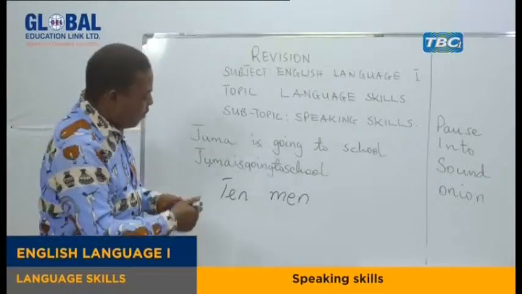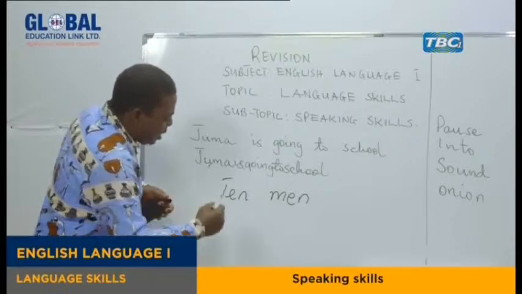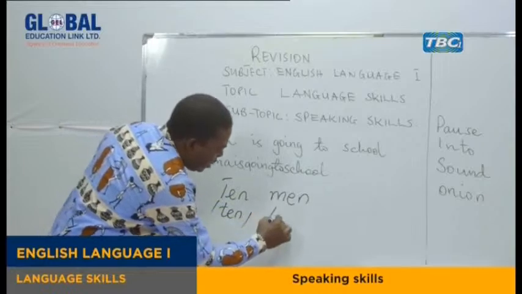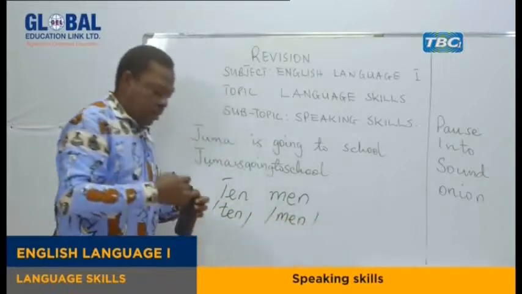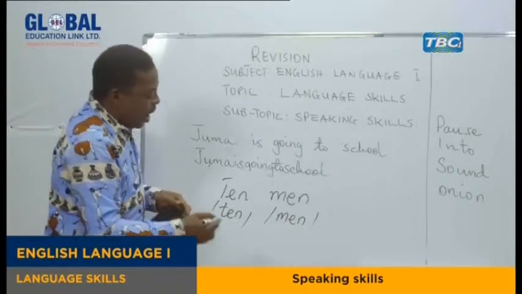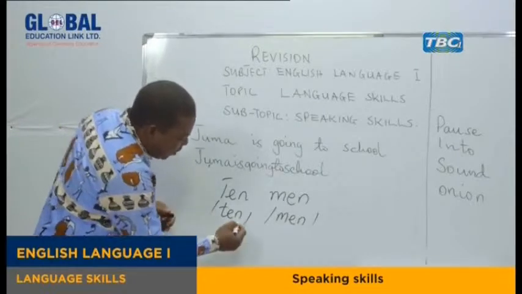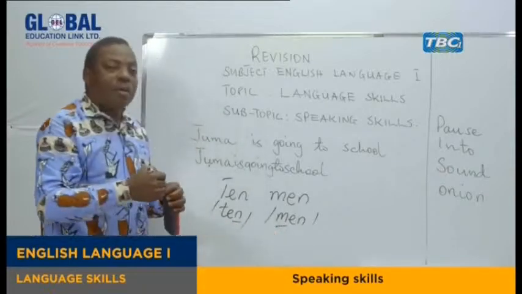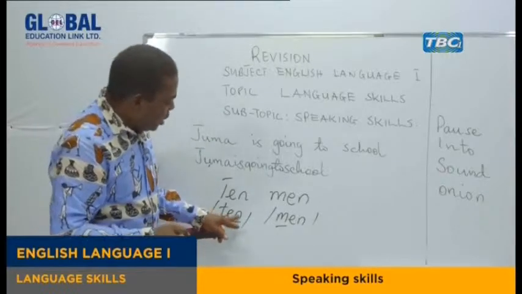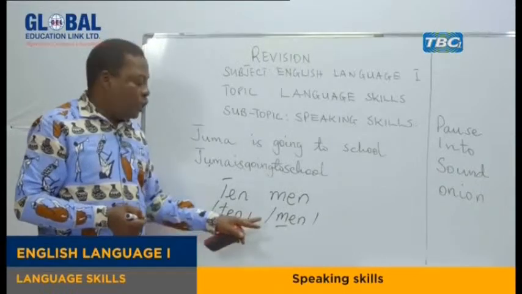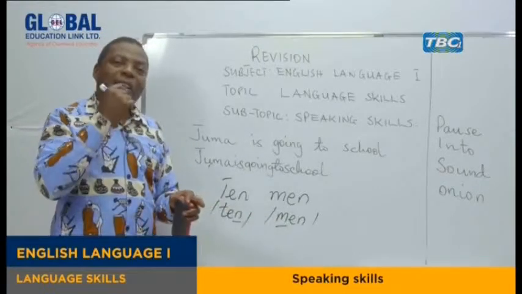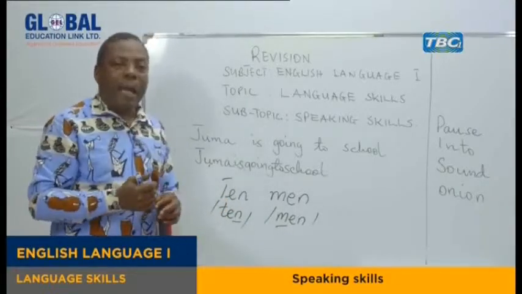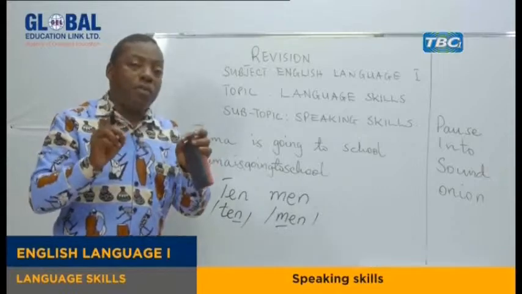Look at this one. We have this sound as ten, and this one as men. Now, as you can see, the last sound of the first word and the first sound of the second word, you find the alveolar is very close to the bilabial, and apart from that, they are both nasal.